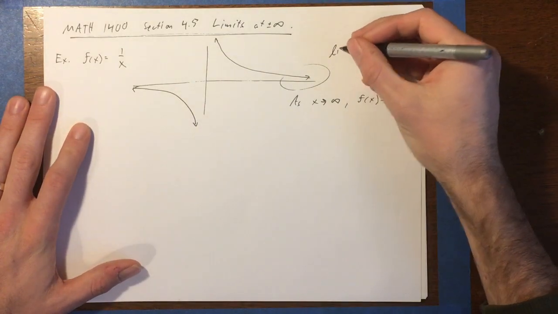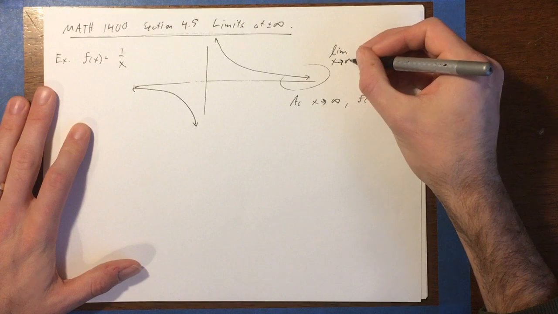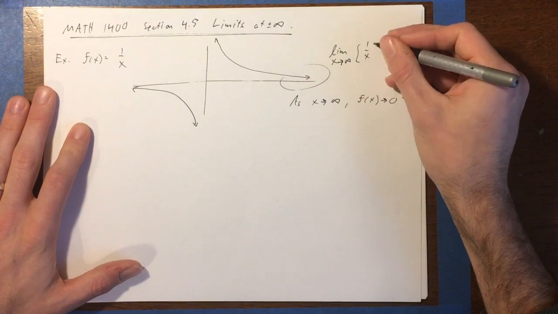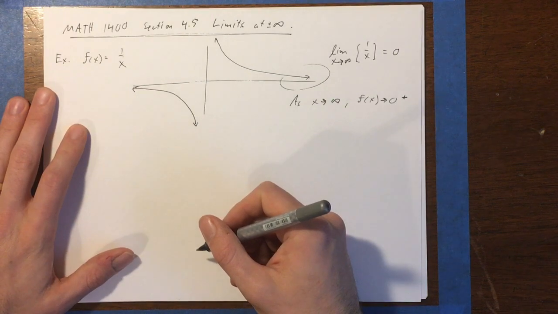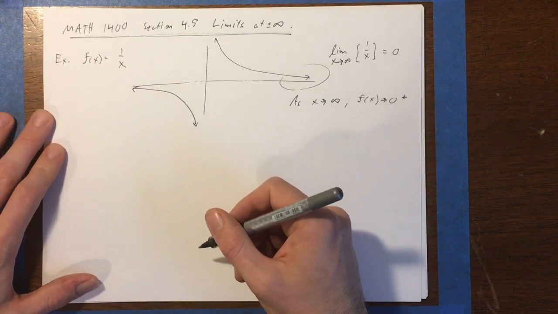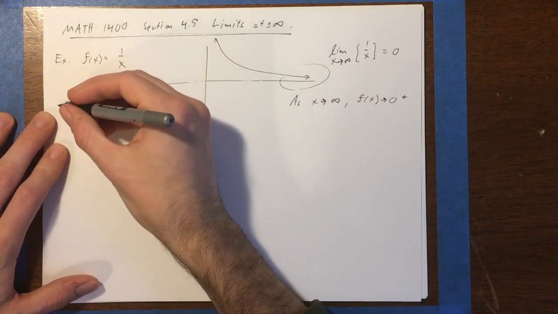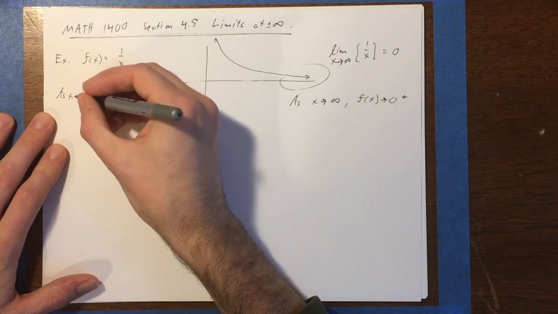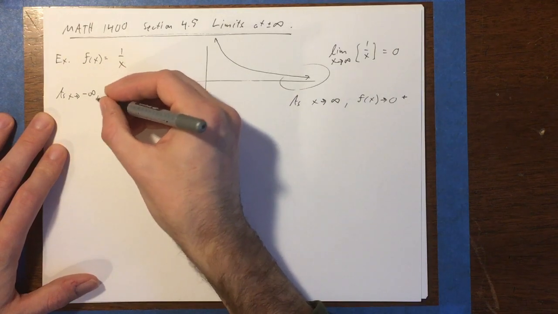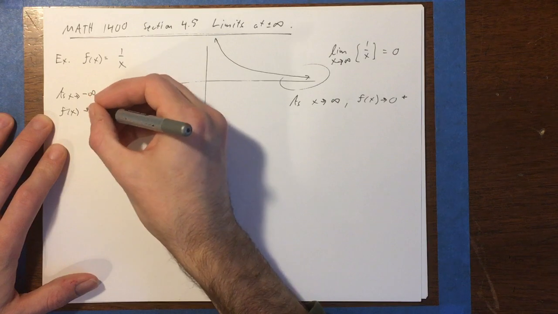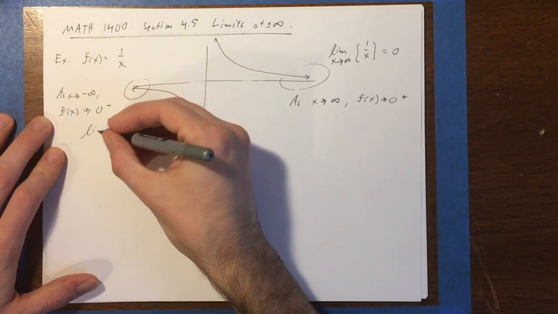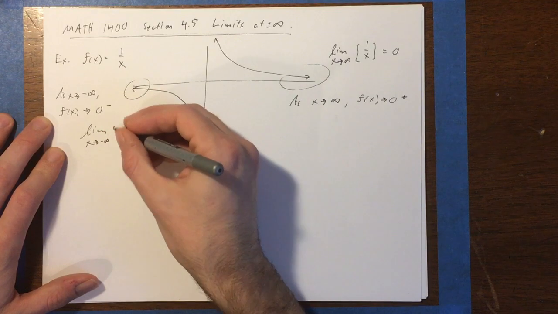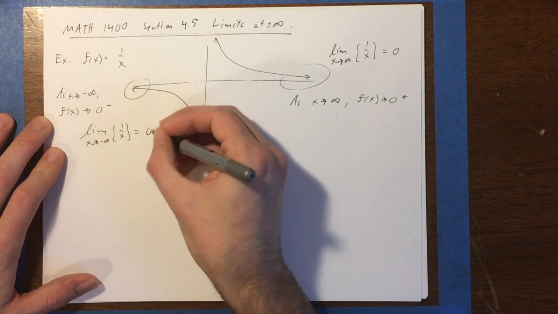So we can write: the limit as x approaches infinity of 1 over x equals 0. This is an example of a limit at infinity. Similarly, on the left-hand side, as x approaches negative infinity, f of x is approaching 0 as well, but from below. So we can write: the limit as x approaches negative infinity of 1 over x also equals 0.